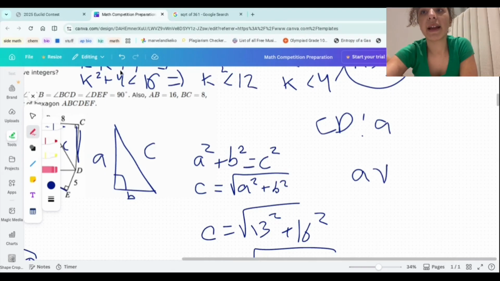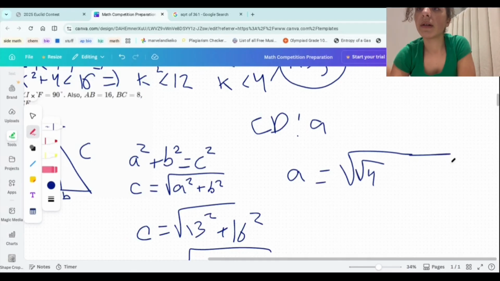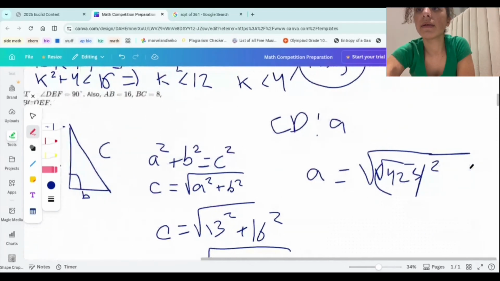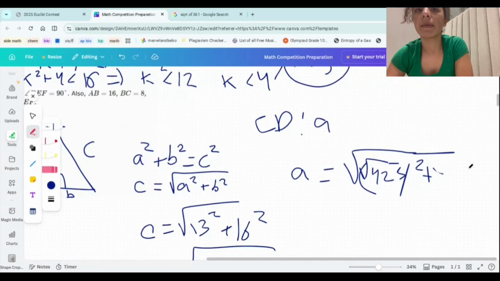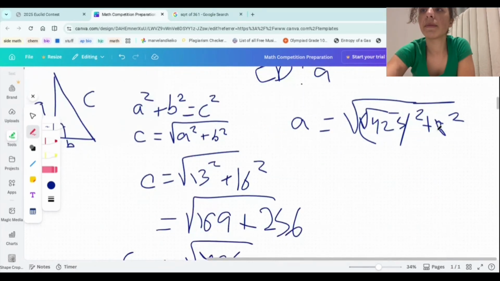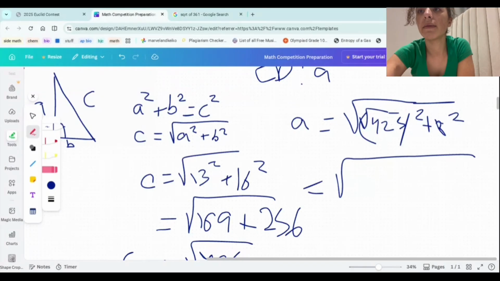let's just call that side A, right? A is equal to the square root of the hypotenuse squared. So the square root of 425 squared, and what's the other side length? 8, plus 8 squared. Sorry for the writing, guys. That's an 8. Is equal to the square root.